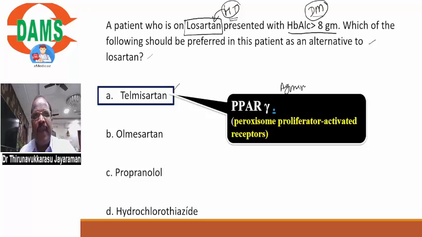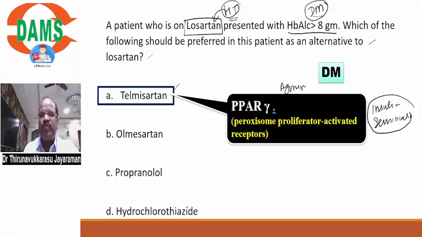This causes insulin sensitization. Because of this, it promotes insulin activity, overcoming insulin resistance. This property can be very useful for controlling diabetes. Here the patient has uncontrolled diabetes, so better go for telmisartan, which will control the hypertension as well as the diabetes. So it's the best replacement.